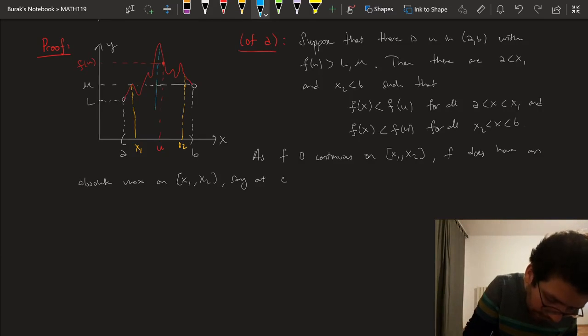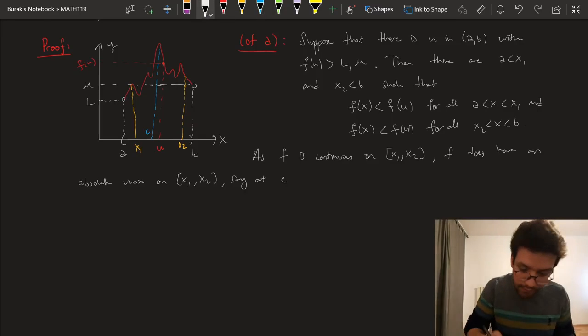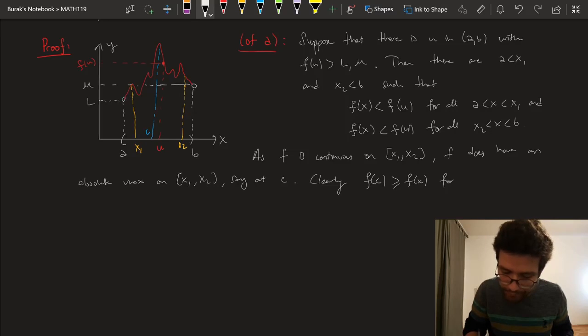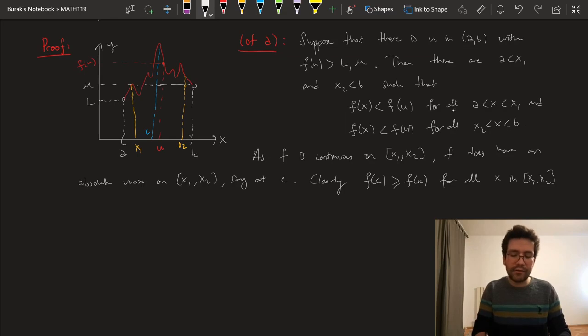So let's say that it does have an absolute maximum at this point c. Clearly, by definition, for all x in the closed interval [x1, x2], f(x) is less than or equal to f(c).